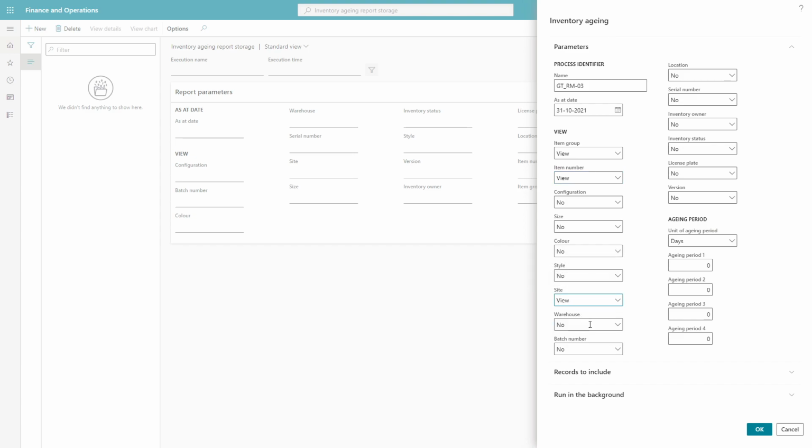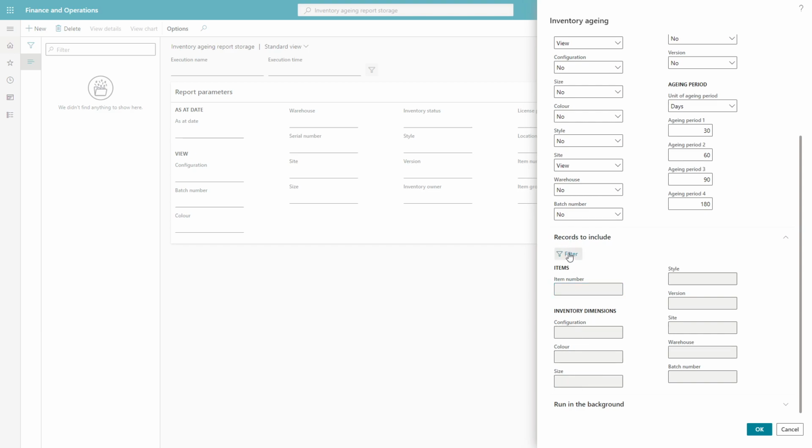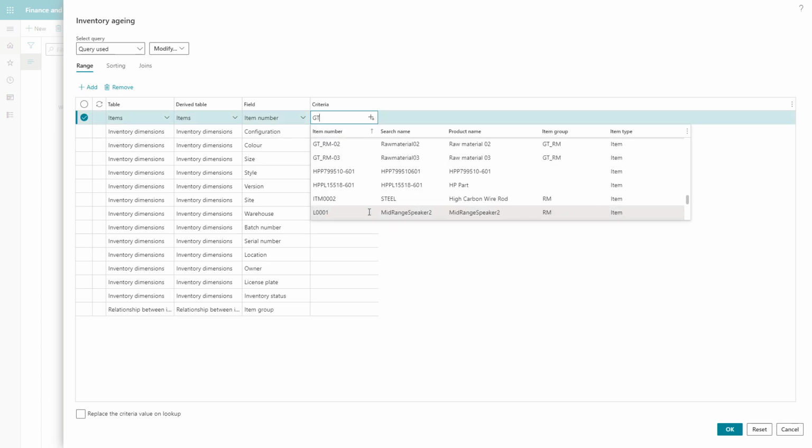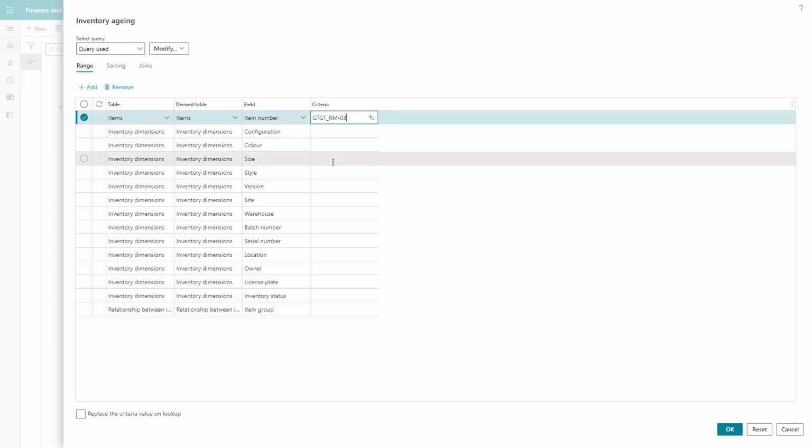I want to see site in my report. I don't want to see other things. These are my aging buckets, 90, 180. I will run this report for only one item, of this item.